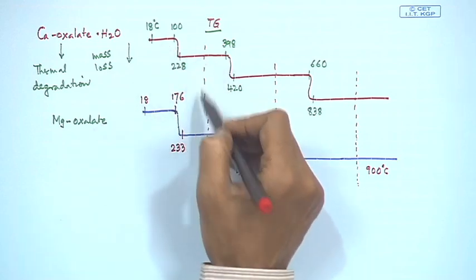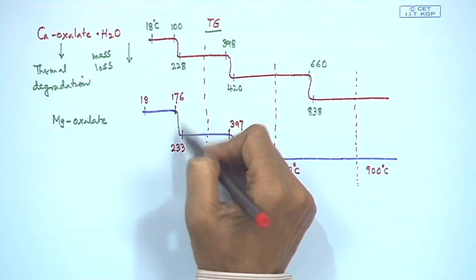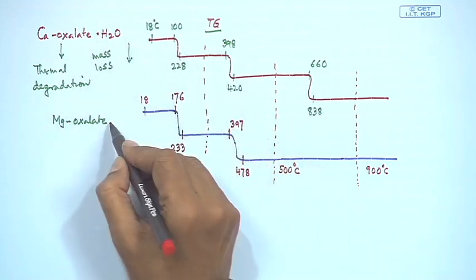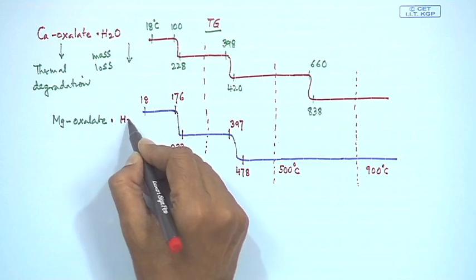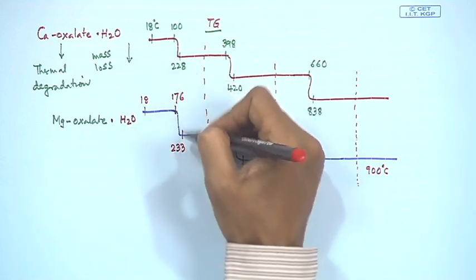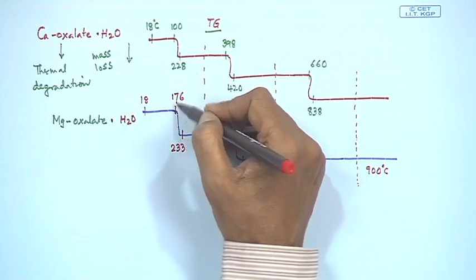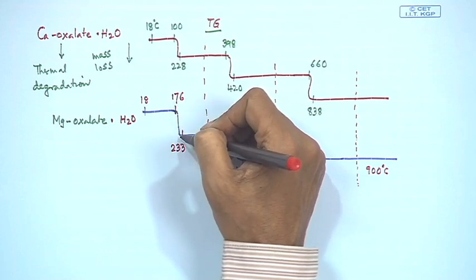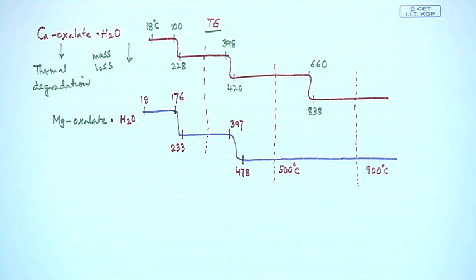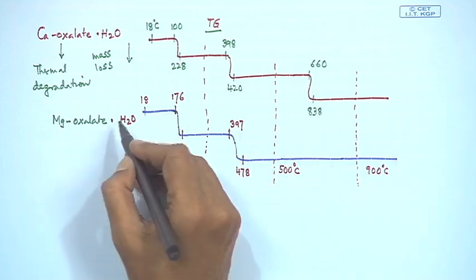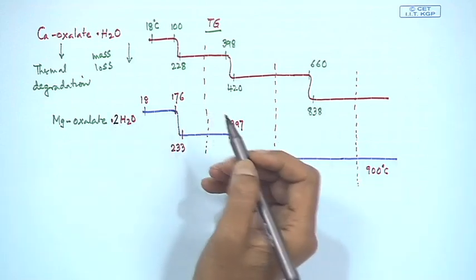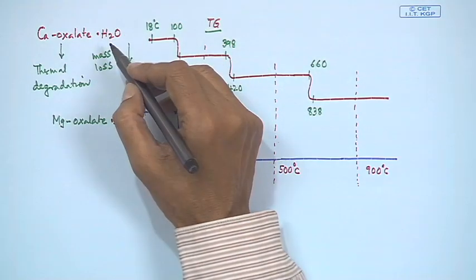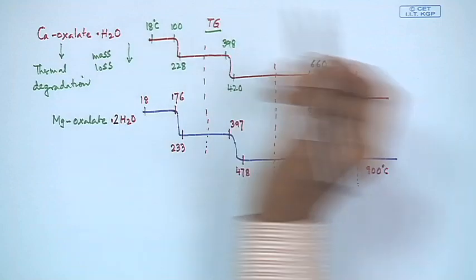If we find that this first weight loss in both the two cases is due to the loss of water of crystallization, and this particular dip is much more, so the mass loss in case of your magnesium sample is more compared to your calcium sample. That immediately signifies that here we have more water of crystallization, which is a dihydrate, compared to your calcium oxalate, which is a monohydrate.